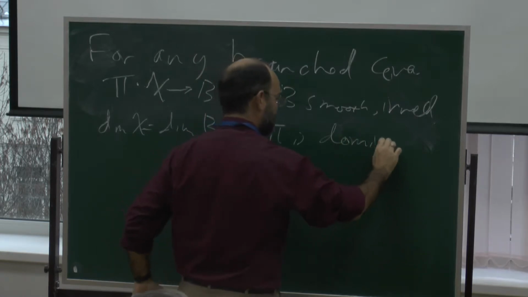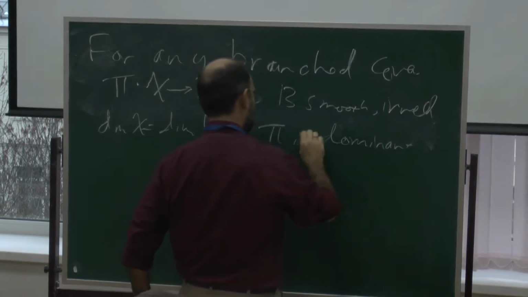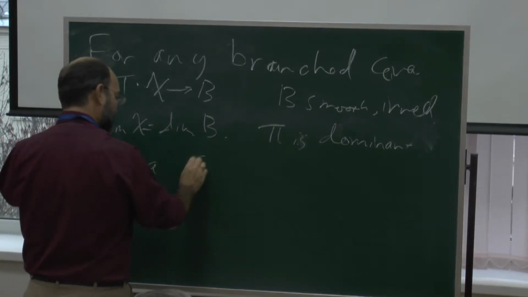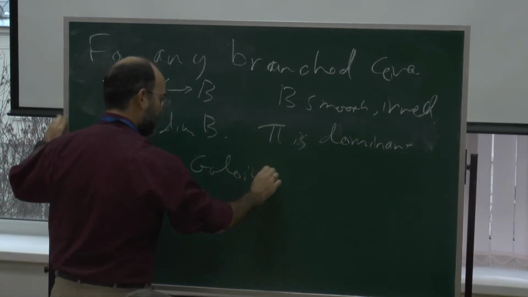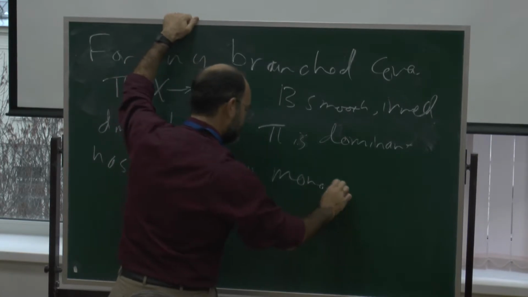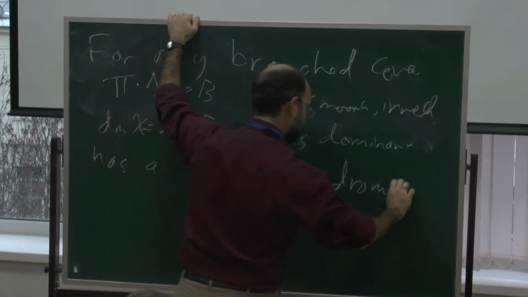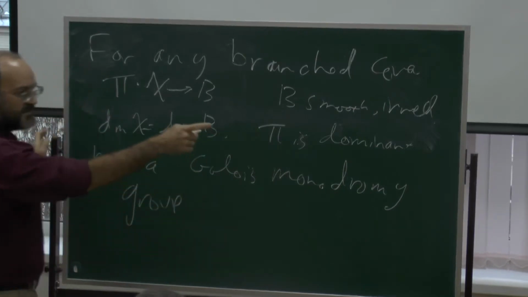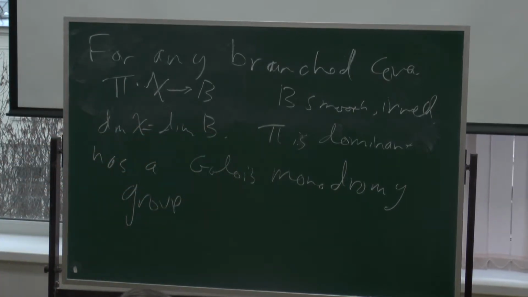Sorry for all these technical terms. Then this has a Galois monodromy group, in the same way as I outlined for the problem of 27 lines.